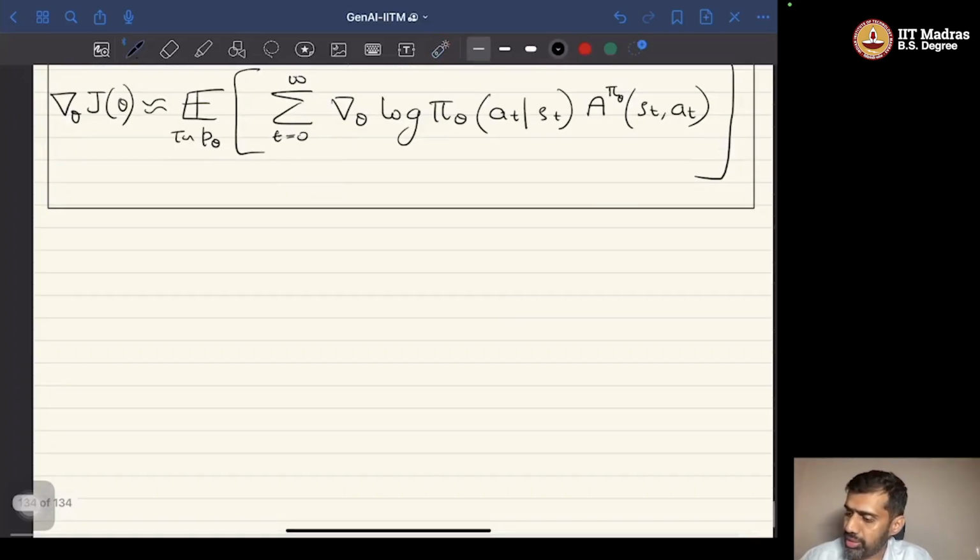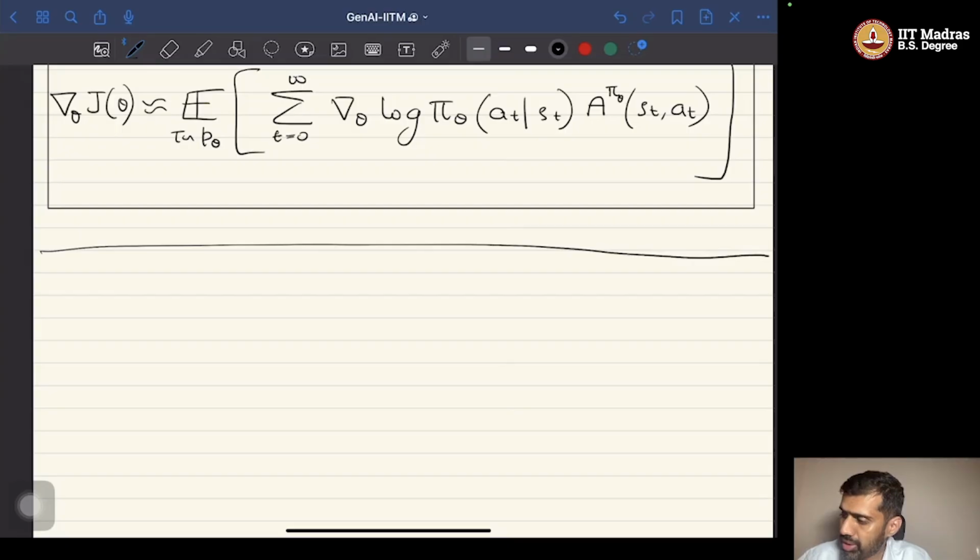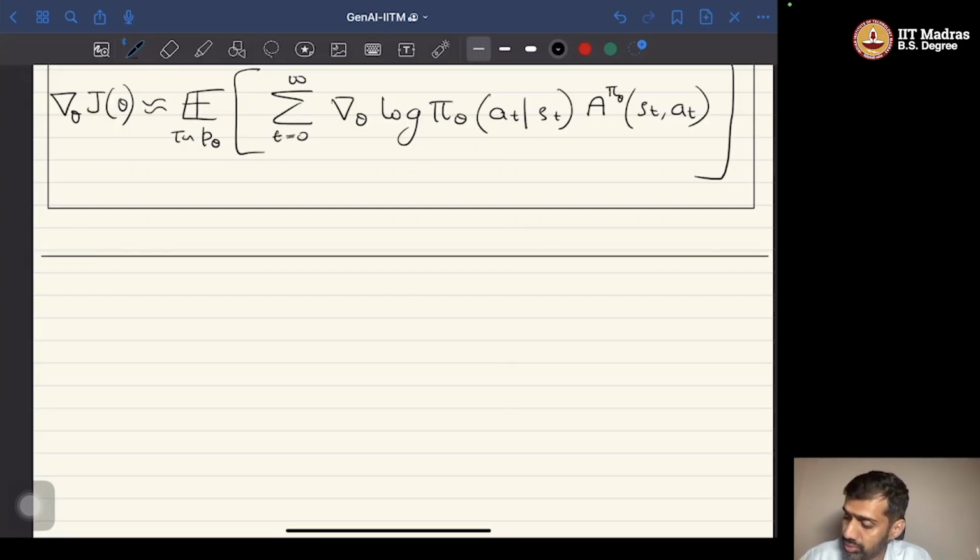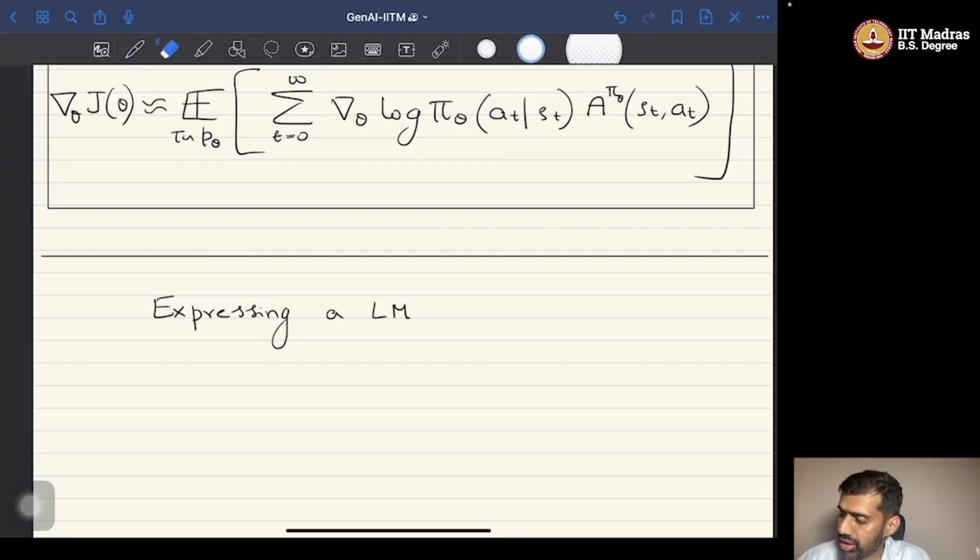Okay, so now let's come back to expressing a language model, or rather an autoregressive language model, as an RL policy.